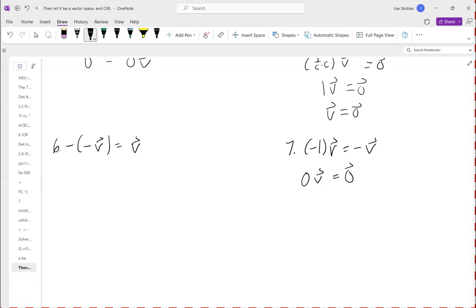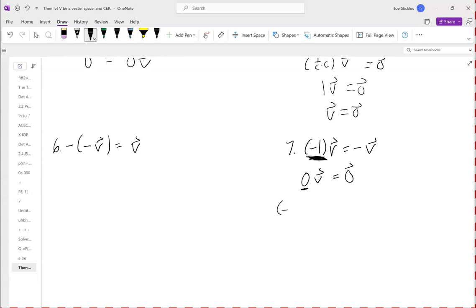Let's start with this property again. If I do 0 times v is the 0 vector. Clever rewriting of this 0 that allows me to do a multiplication. Same idea, but I also want to involve this number. What's a clever way to rewrite 0 that involves this number and lets me do a scalar multiplication?